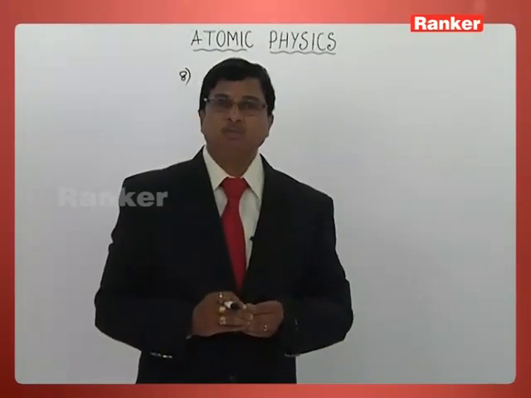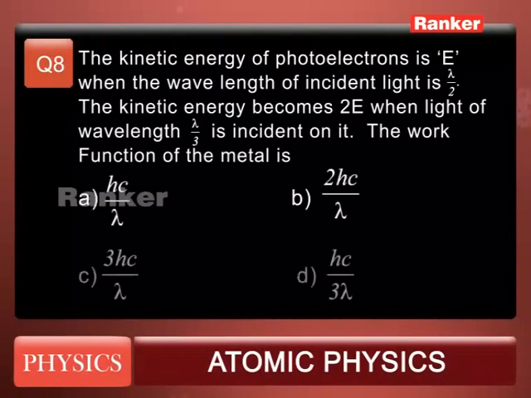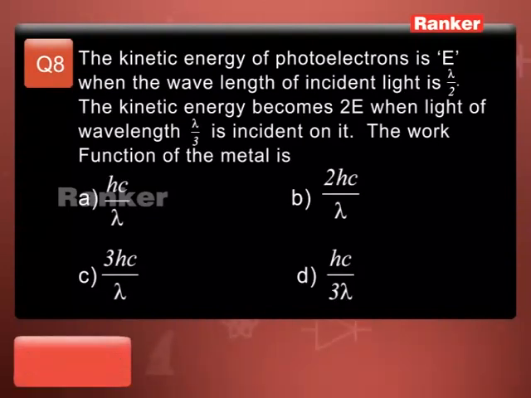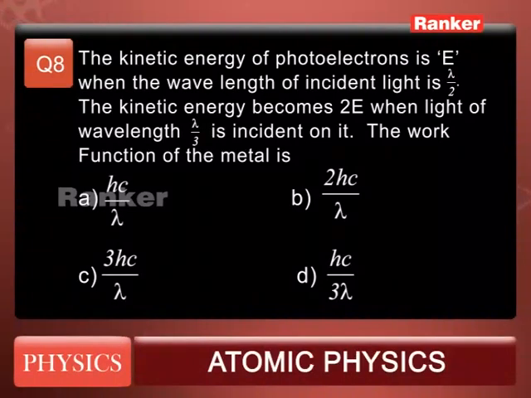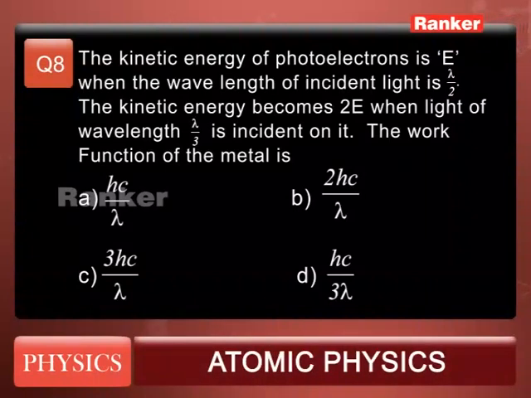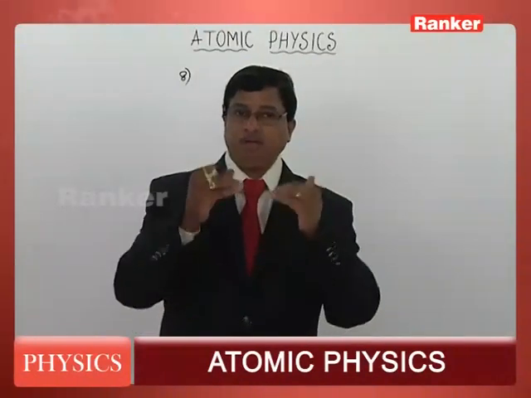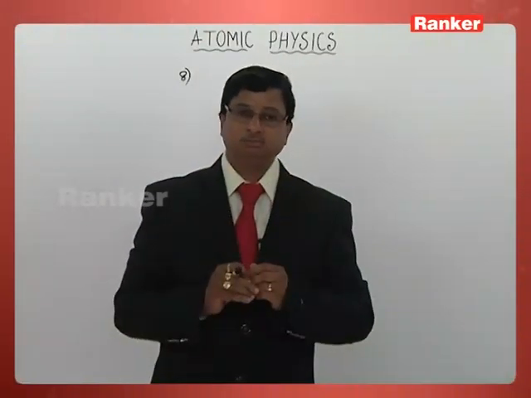Let us check problem 8 please. The kinetic energy of photoelectrons is E when the wavelength of incident light is lambda by 2. The kinetic energy becomes 2E when light of wavelength lambda by 3 is incident on it. The work function of the metal is how much? So he is giving us two separate pairs of values.